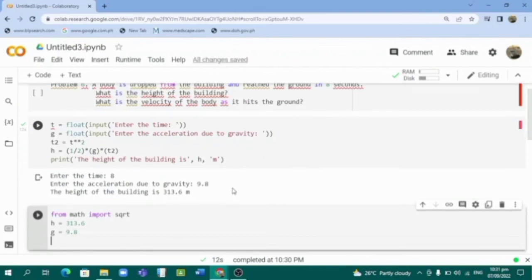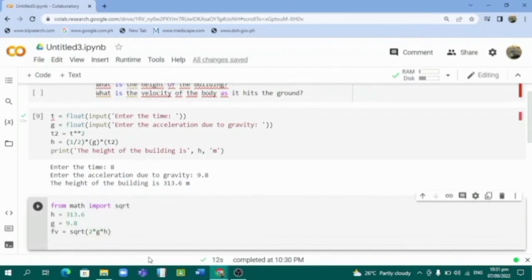To get the final velocity, the formula is square root of 2gh. Final velocity, equal sign, and I use the square root function. Close open parentheses, we're going to put inside 2, asterisk sign to multiply it to the gravity, multiply it to the height. And we're going to print it.